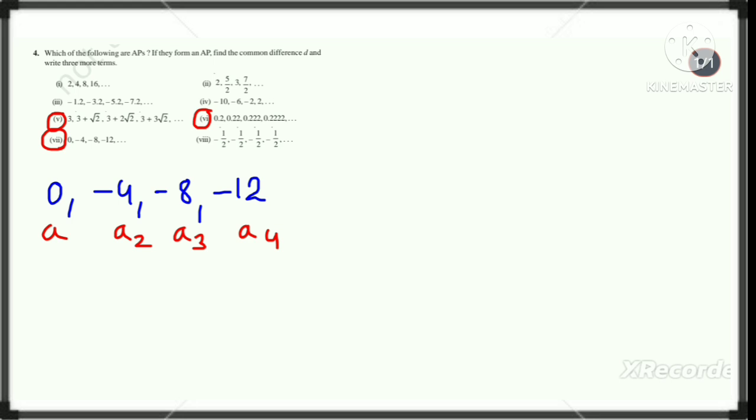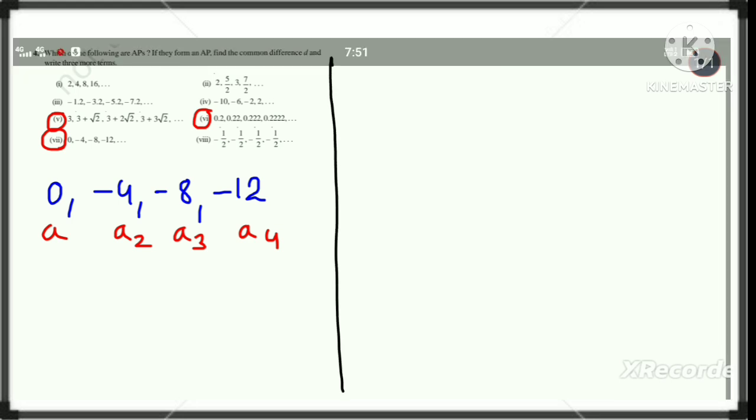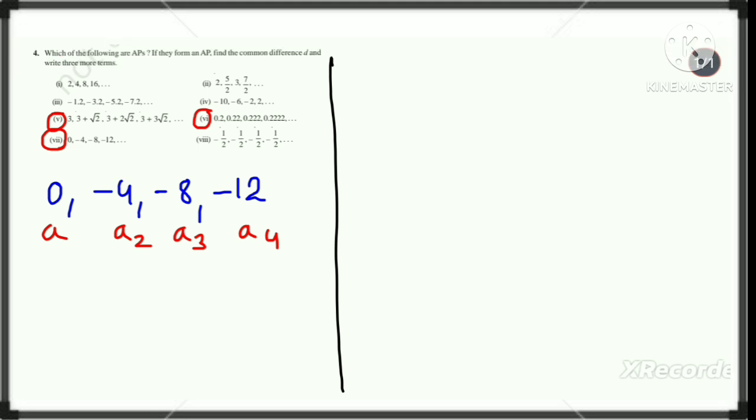So firstly, the difference between A2 and A1. A2 equal to minus 4 minus A1 equal to 0. So simply the difference between A2 and A1 will be minus 4.